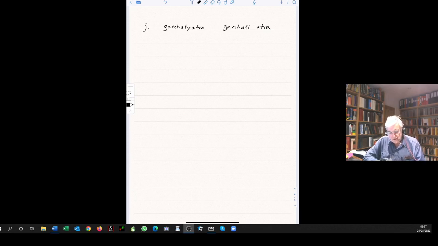So Rāmo, and grāmād vanam. The final t, or any final unvoiced stop consonant, t is the most common to find, it applies also to a k as well, becomes voiced before a following voiced consonant. So grāmāt vanam becomes grāmād vanam, so pronounced and so written.